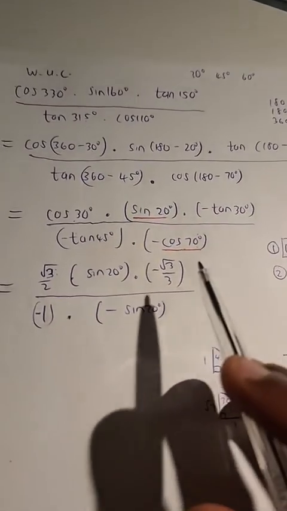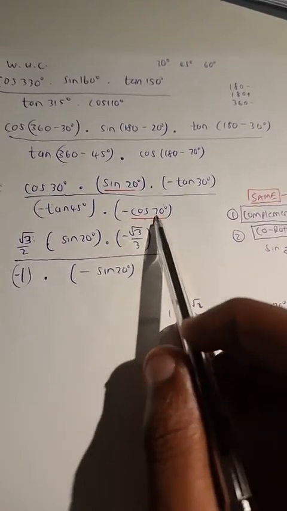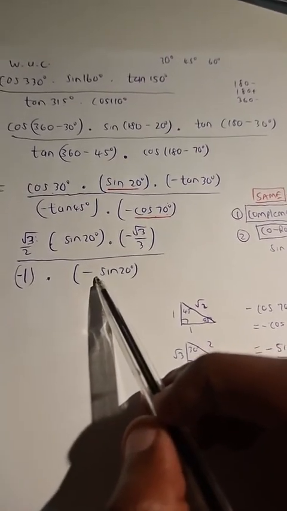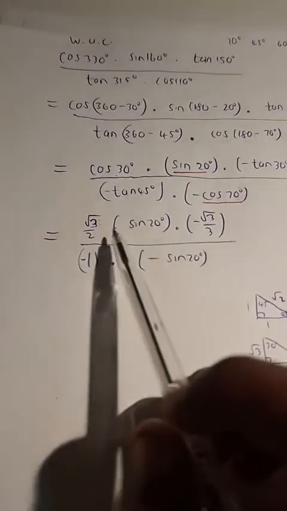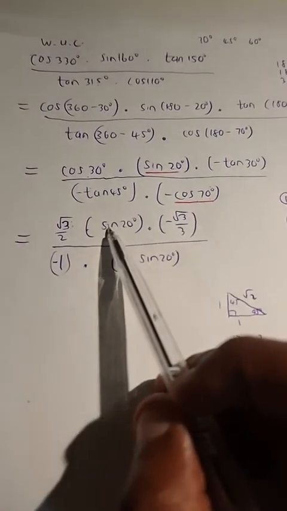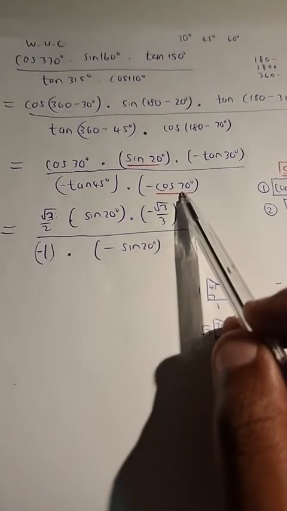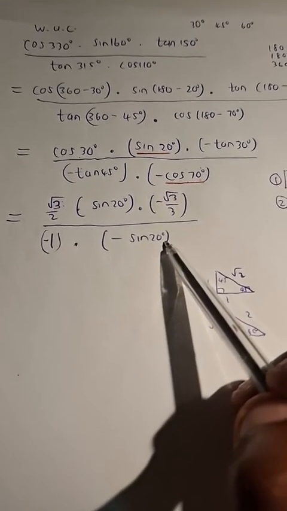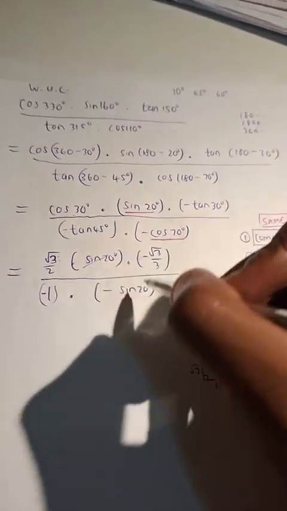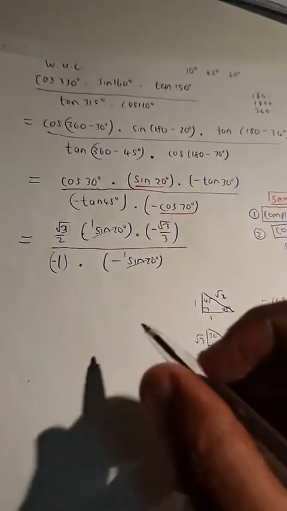Okay. Then what I wanted to do here is to change this cos 70 to the co-ratio, because I said these complementary co-ratios, they are the same. So cos 70 is negative sine of 20. Okay, now I will cancel and I'll be left with 1 and negative 1.